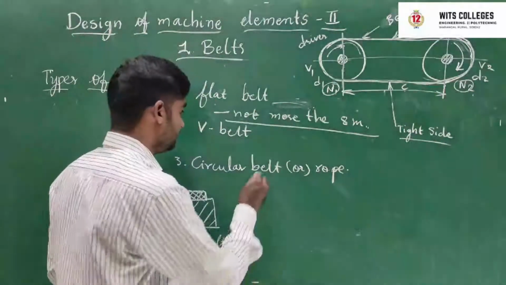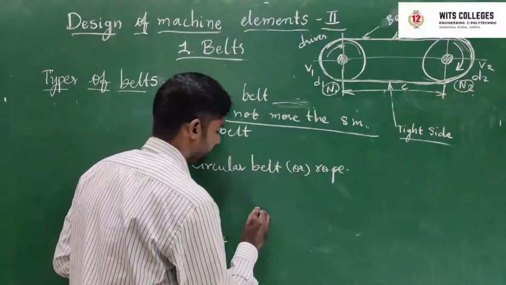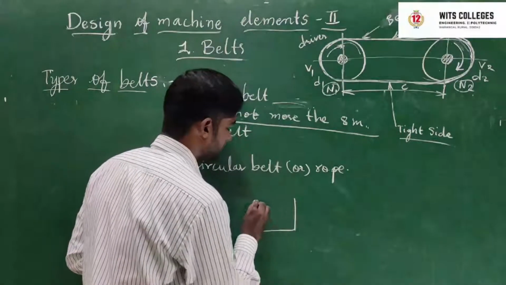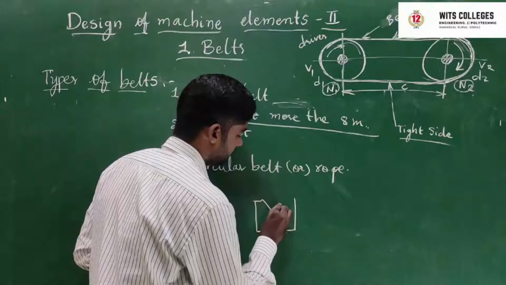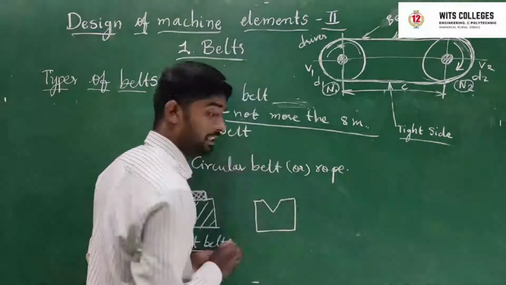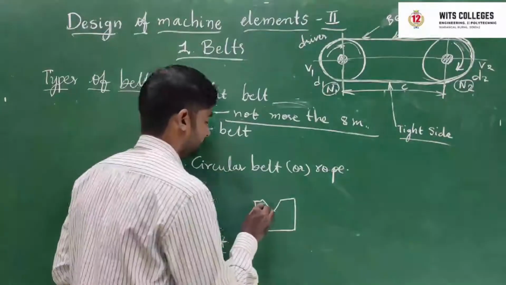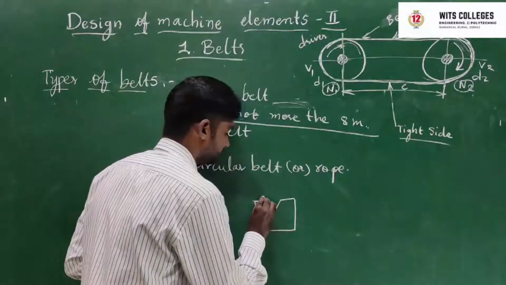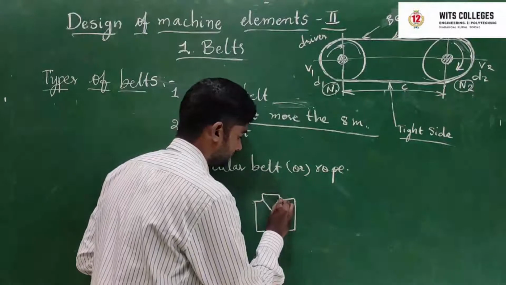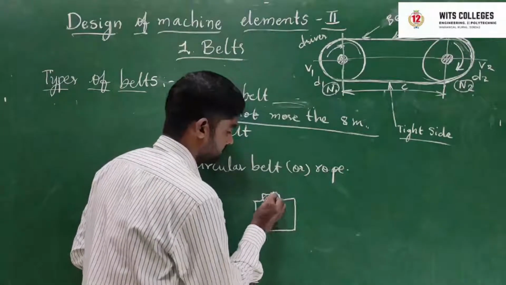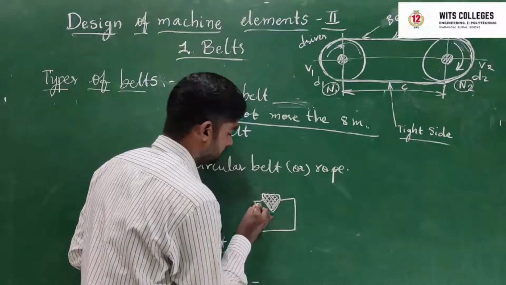In the V belt, the diagram is like this. The V belt pulley has a V-shaped groove. We are using the V belt like this. Okay, this is the pulley.